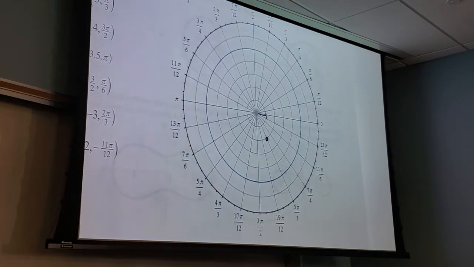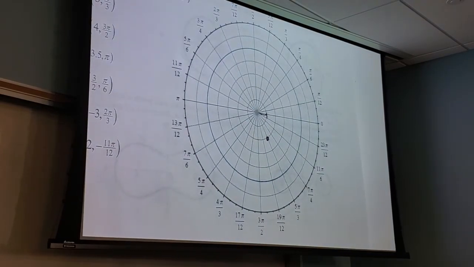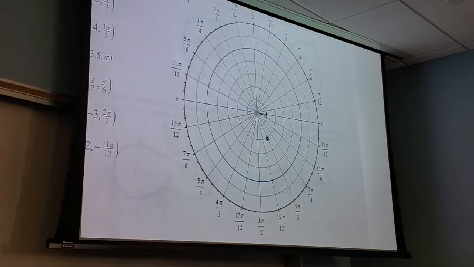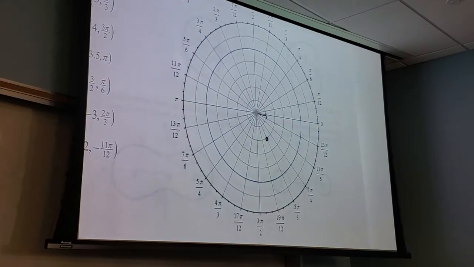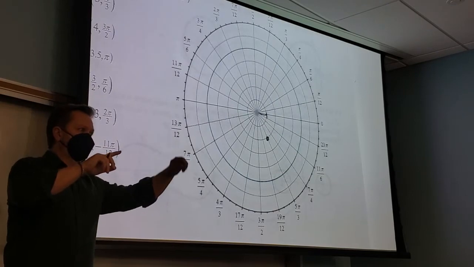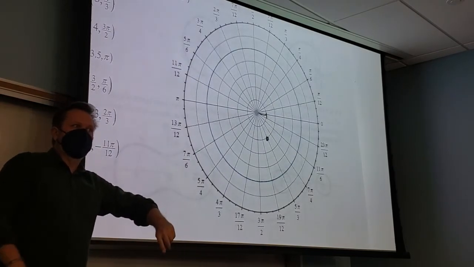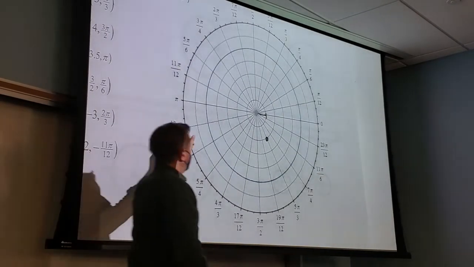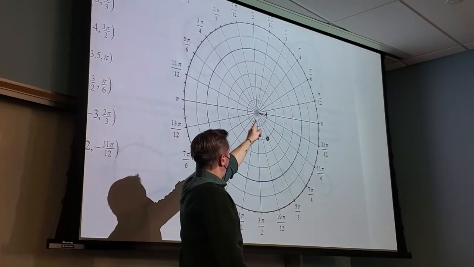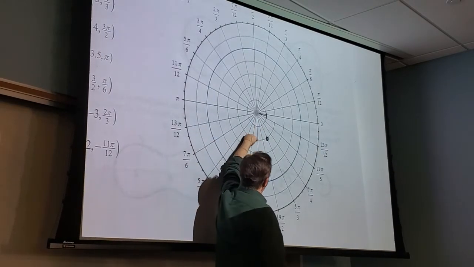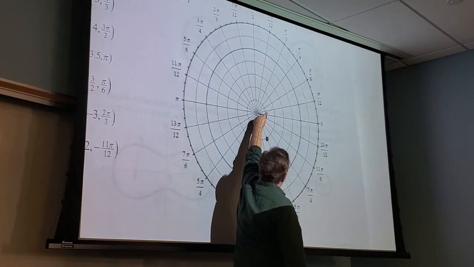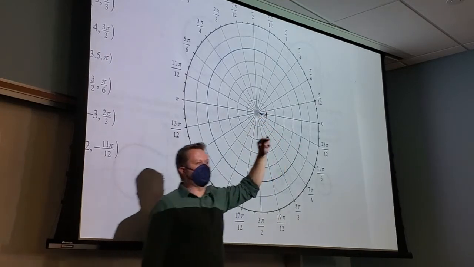I can't tell exactly because they don't have a good enough scale. But do you all agree with me that's definitely positive x, negative y to get to that point? And in fact, it looks like 1, and a little less than 2. So that's 1, negative square root of 3. That's how I get to that point.